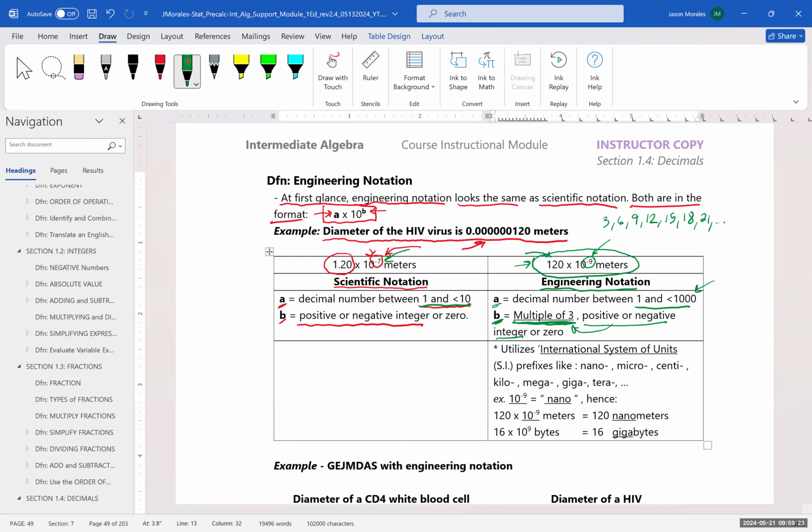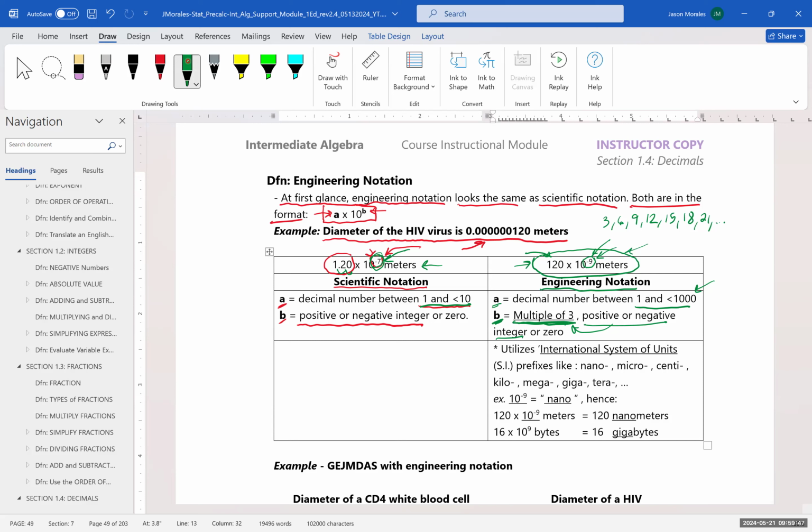That's how it changed from 1.20 times 10 to the negative 7 in scientific notation. When we move this decimal point over a couple of places to make that 120, we also have to change this exponent from negative 7 to negative 9 to keep that equivalence. And we need to do that to put this in engineering notation.